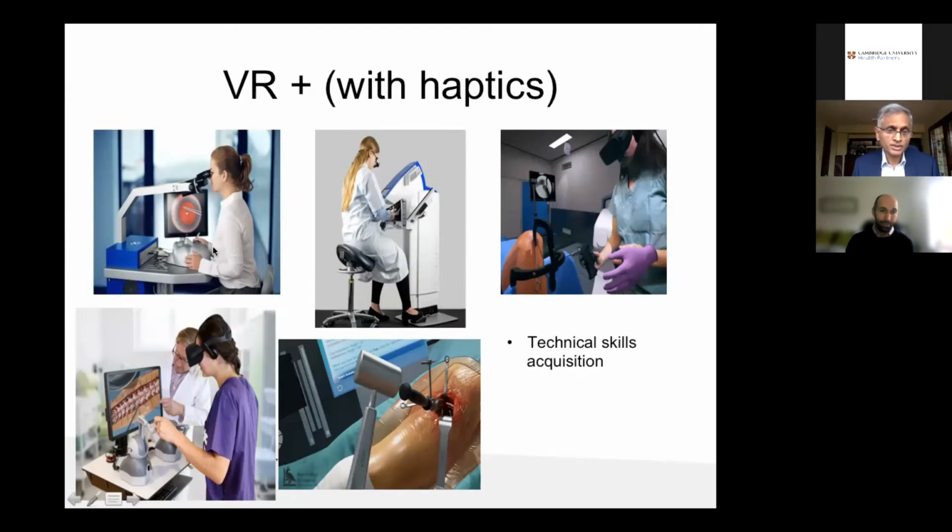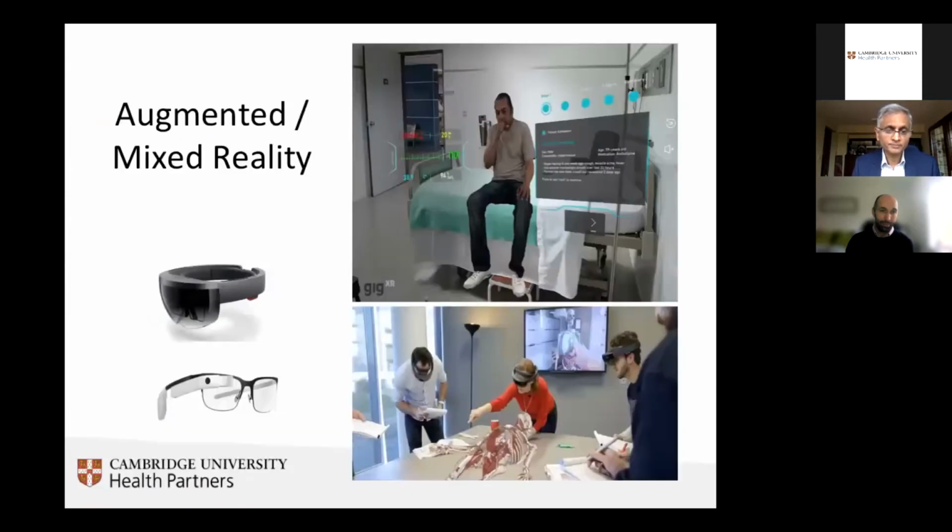So, for example, this scenario here is a surgeon trying to practice a cataract operation, and within that simulated environment, the haptics would be giving feedback to them to ensure that they get the right feel of tissue, etc. That technology is improving. It's still in early days, but I think will be quite important in time to come.